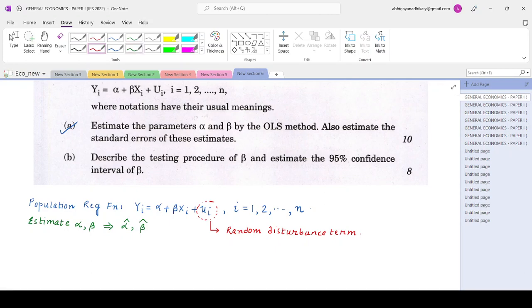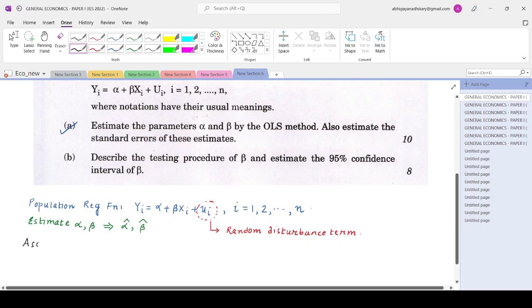So before we actually go into the estimation part, we need to take certain assumptions on this unseen or unknown random disturbance term. I'll just be mentioning those assumptions that are required for our computation purpose. There are many more, but for our calculation purpose, these will be sufficient. So what are the assumptions that we need to take before proceeding with the calculations?